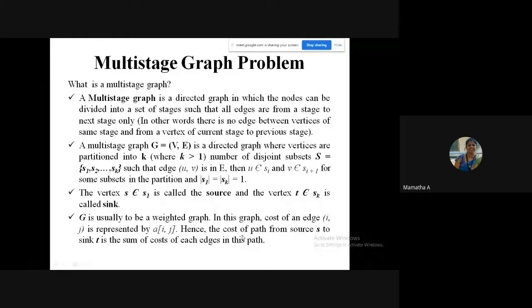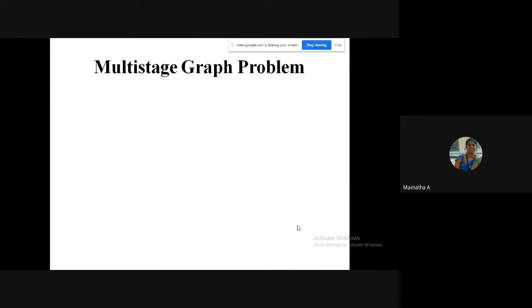If I ask you what is the cost of the path from source to sink, it is the sum of the costs of the edges in the path. So this is just telling you what a multi-stage graph is, and I am giving you an example.